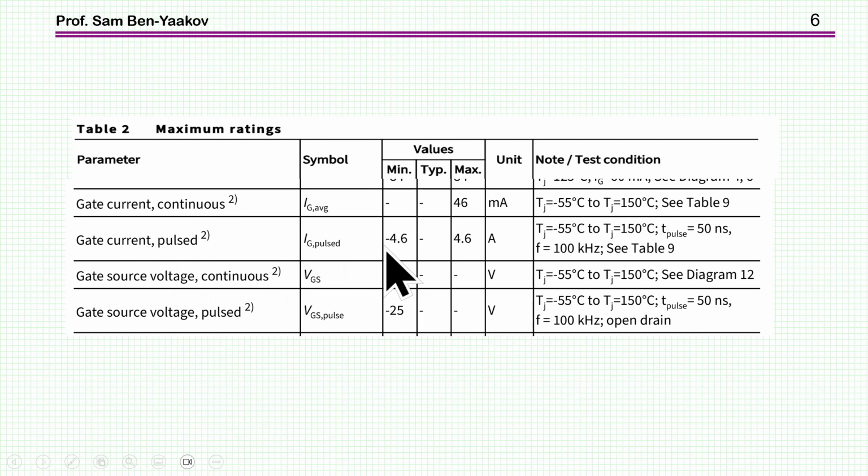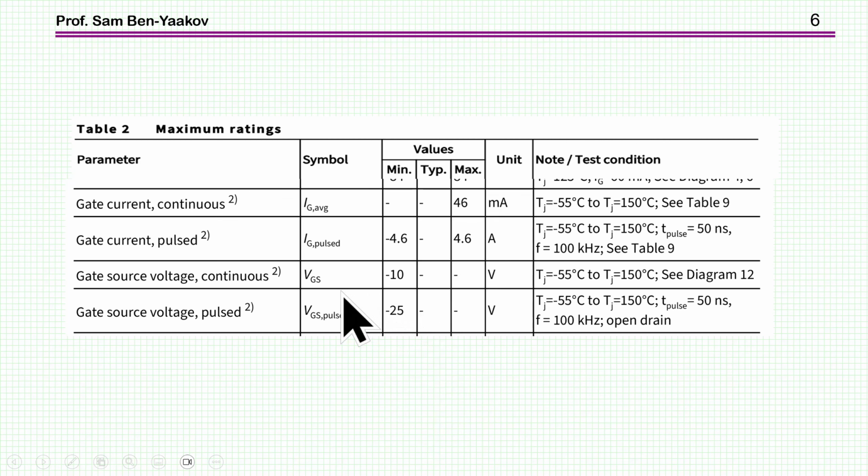So therefore, we need high current pulses, and indeed, we can go up to 4.6 amp during this transition. So this is just for the switching part, while the DC is limited to 46 milliamp.